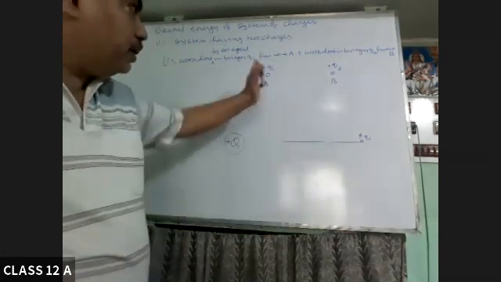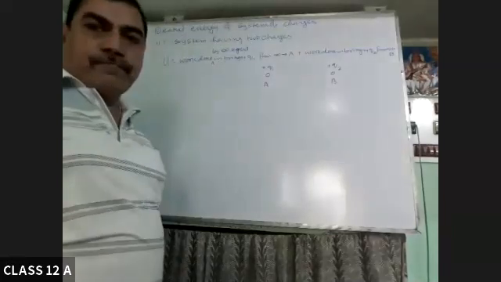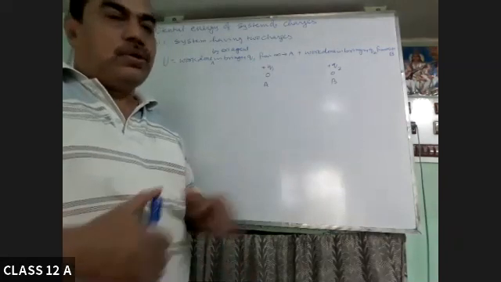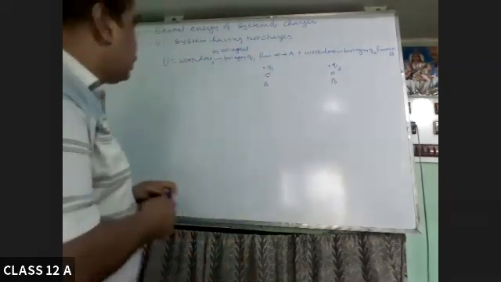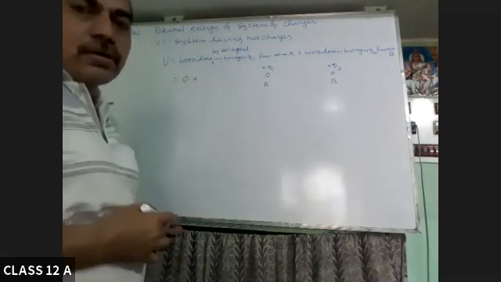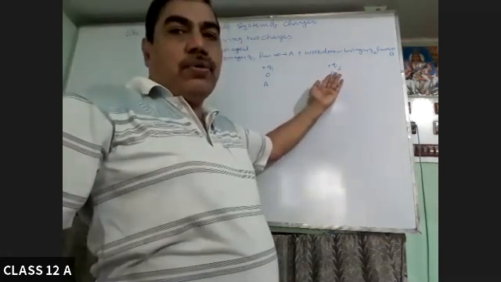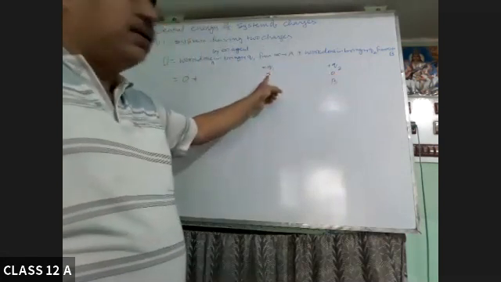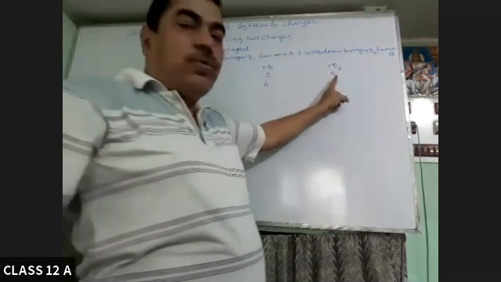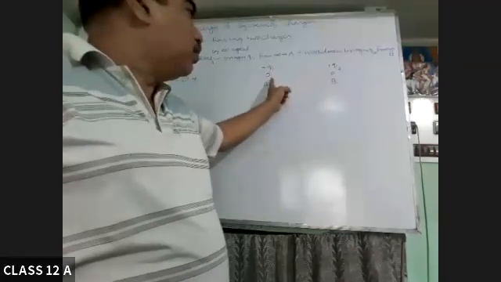Now, when we are bringing this first charge, no other charge is present in this region. That means electric field from before is 0. So work done in bringing this first charge will become 0. Now, when we start bringing this second charge Q2, this charge has already arrived here. So, to bring this Q2, we will have to overcome this force of repulsion due to this.